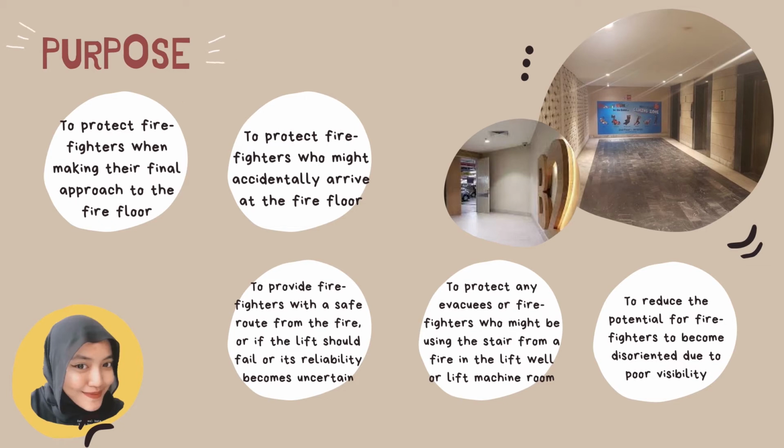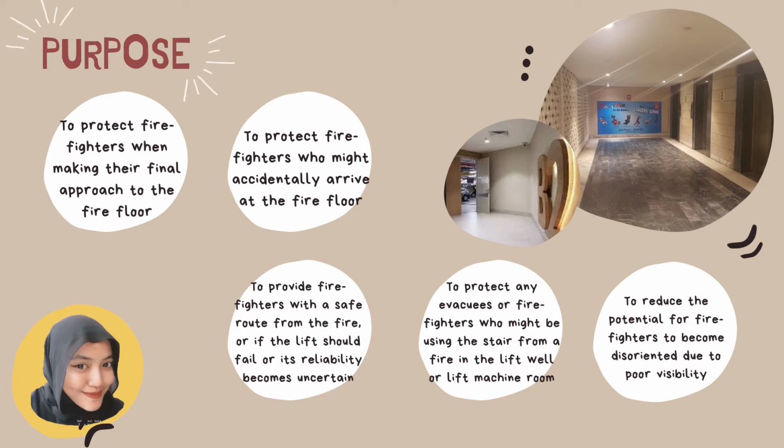So they can go to the lobby from the stairs when there is damage to the lift. Fourth, to protect any evacuees or firefighters who might be using the stair from a fire in the lift or lift machine room, which means when the lift has a fire, firefighters from the stairs can stay at the lobby to protect themselves from the fire.